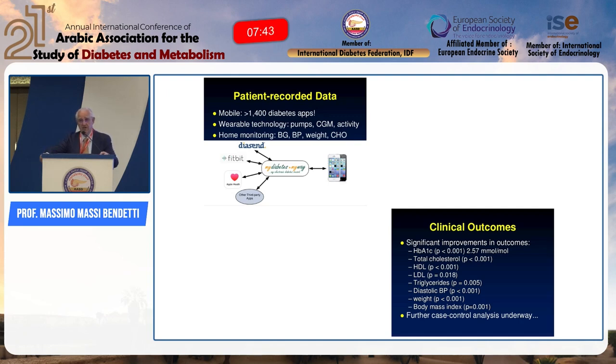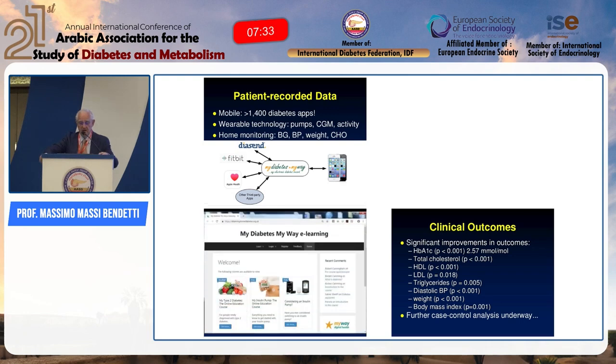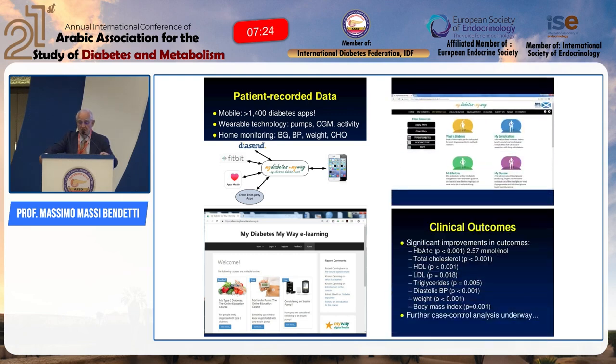Now we do have continuous glucose monitoring, through the new modern IT devices. They can aggregate information in real time, and this can be used for education, both on how to use the information technology, and also to educate in a wider area.